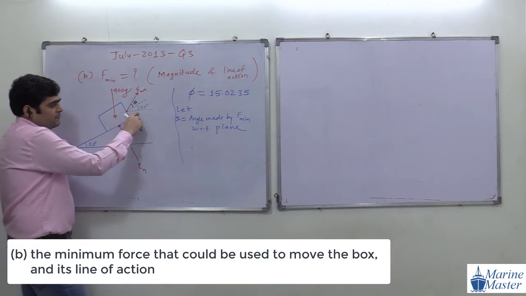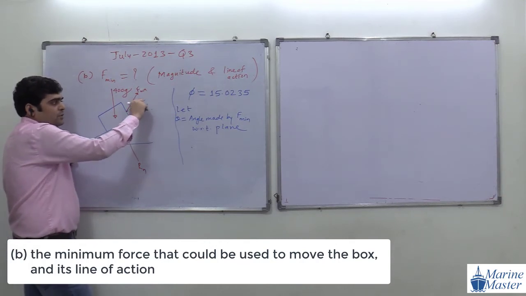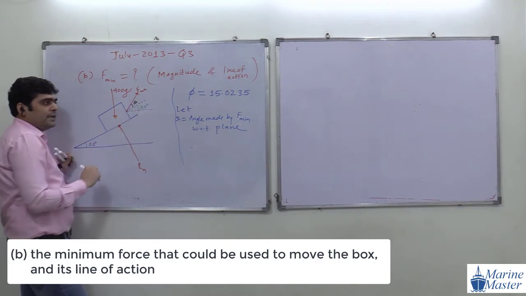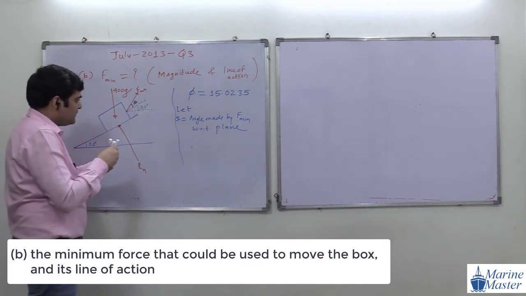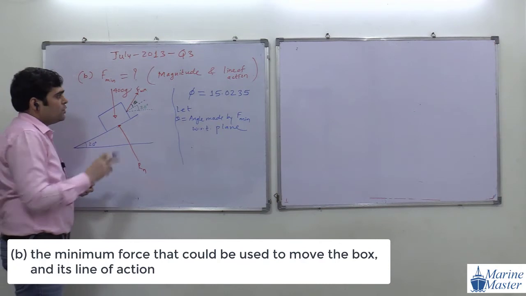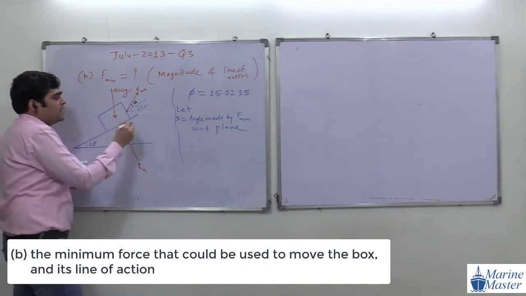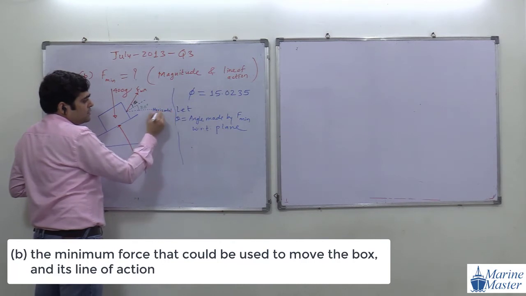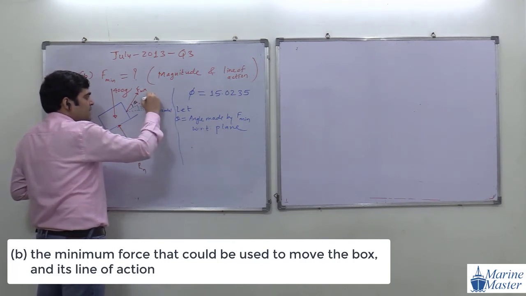See, this is our plane, and this is horizontal. What will be that angle? Same, 20 degree. So in this scenario, how much angle is F minimum making? This is horizontal, and this is the plane direction.